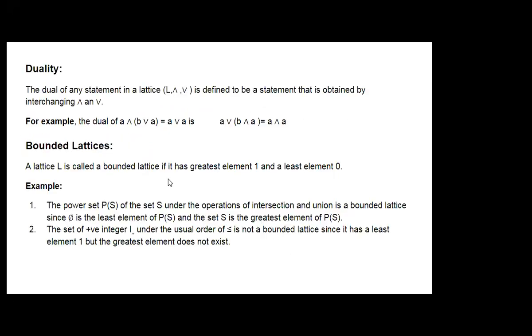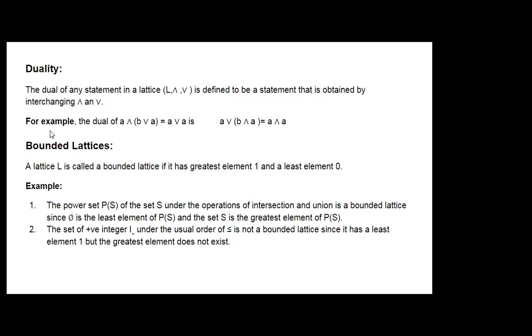Next comes the duality of lattice. What will it be? The dual of any statement in a lattice L, involving intersection and union, is defined to be the statement that is obtained by interchanging union with intersection and intersection with union. As we know, that is what we do in duality.